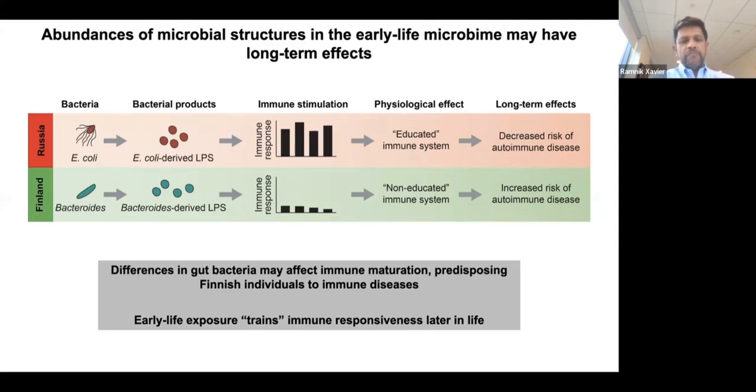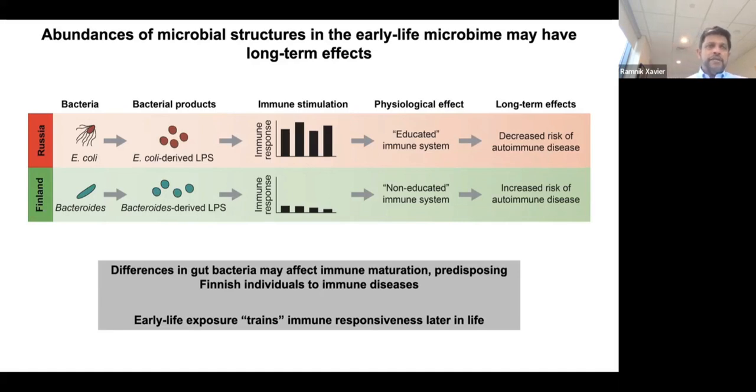So in the second example, I'm highlighting that differences in the gut bacteria may affect immune maturation and your predisposition to immune-mediated disease. So this early life exposure is again an important signal for immunity later in life. I've given you 2 examples.